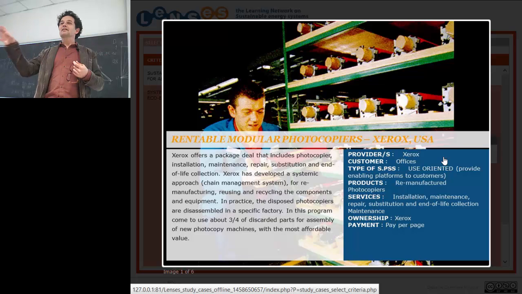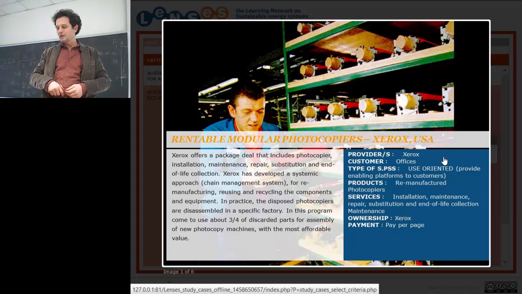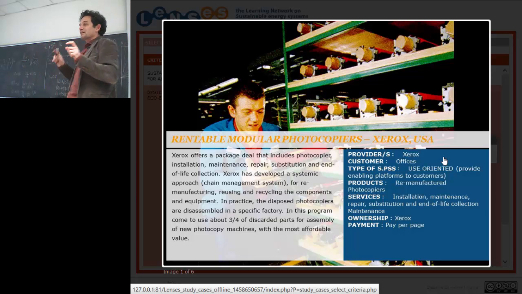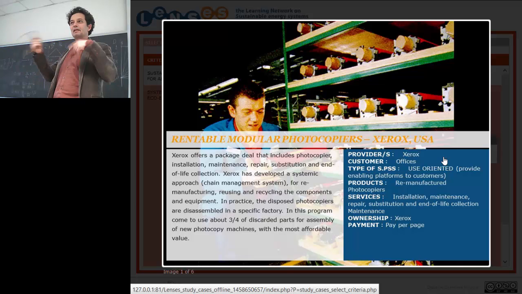So the ownership again is retained by Xerox, and they guarantee end of life collection. So if they want to do this, they will design parts to be reused in copiers that will go to other clients, and to remanufacture some components, so design for disassembly and all these kinds of things that are in eco-design or life cycle design strategies.